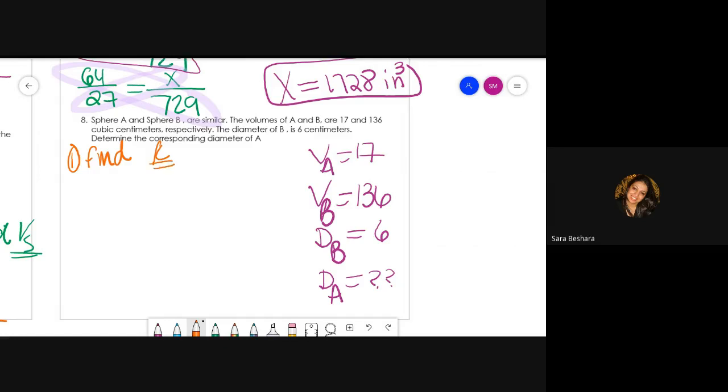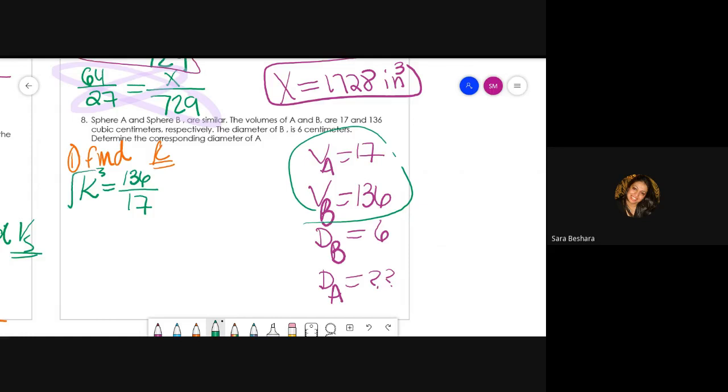How do I find K here? Now we do have 2 volumes given. We can use that, so we can find K cubed. So K cubed would be VA over VB or the other way around. It would be nice if we put the big number on the top so we eliminate any errors. So this means VB over VA, 136 over 17.